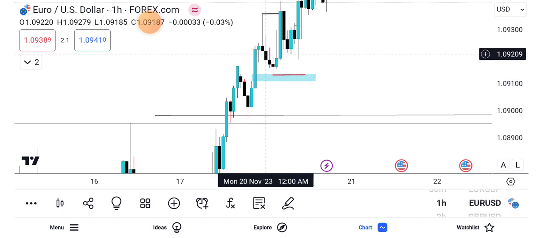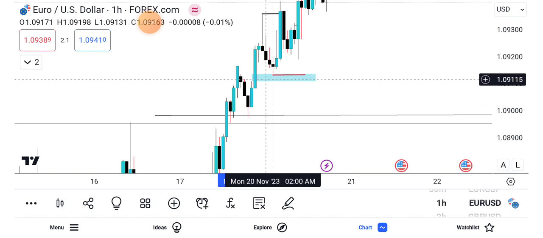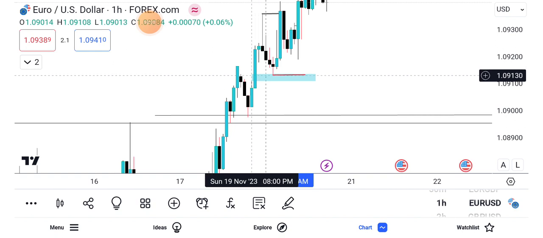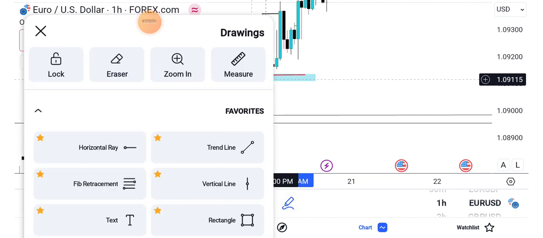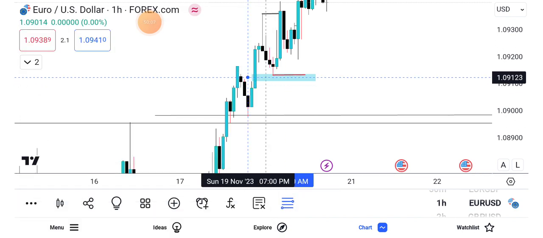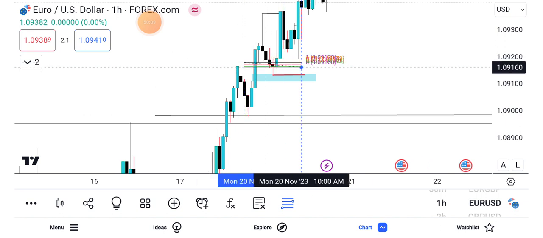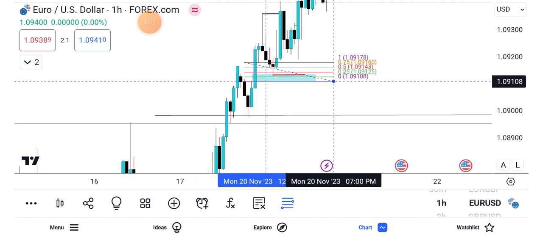We have this order block candle, these candles retraced into this fair value gap here, and let's see how the candles were.